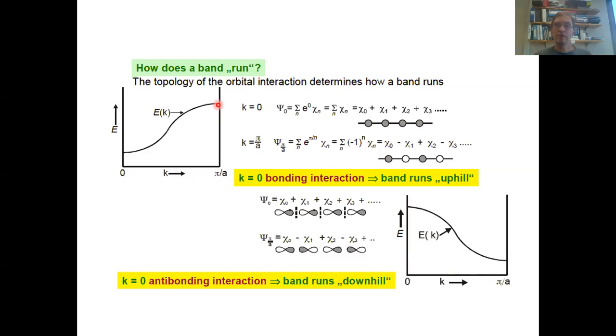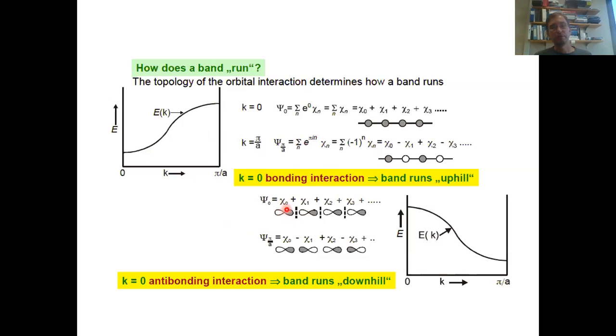When we look at other orbitals, rather than 1s orbitals, the bands sometimes also run downhill. For instance, that is the case when we line up p orbitals in a sigma fashion to form a one-dimensional chain. You see this illustrated here.